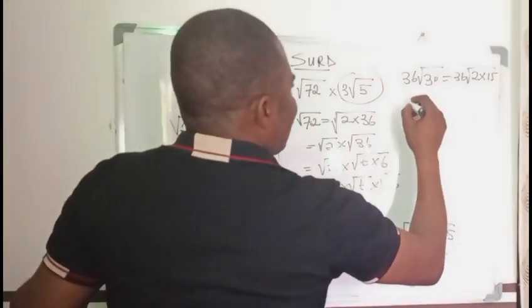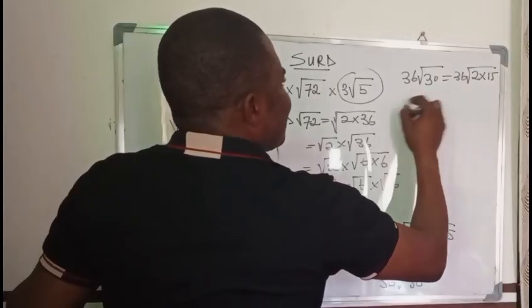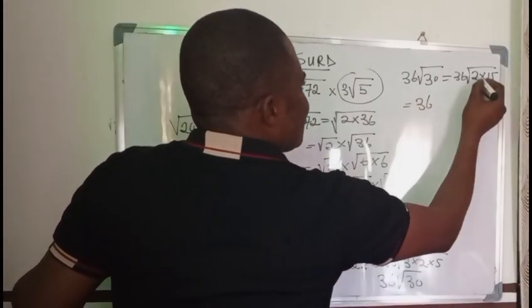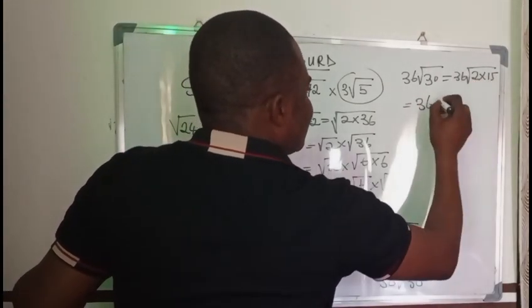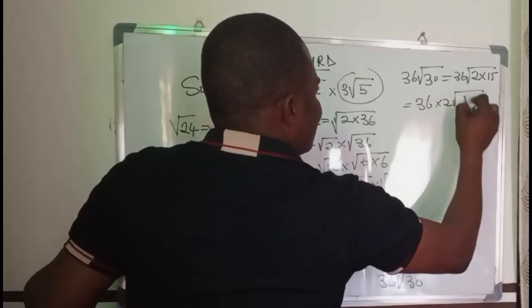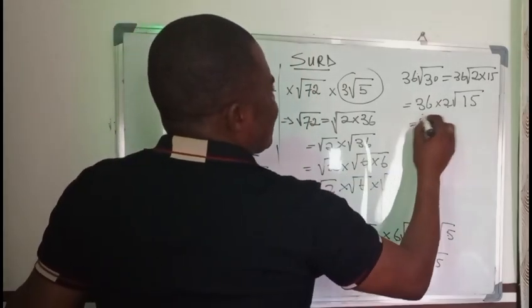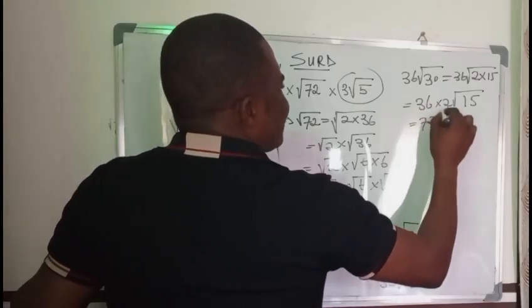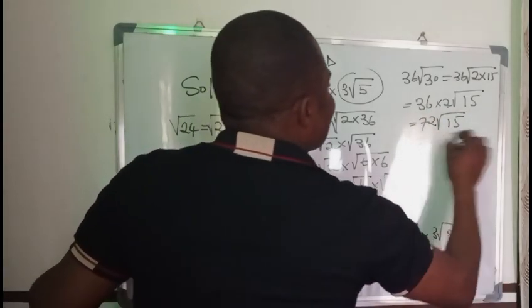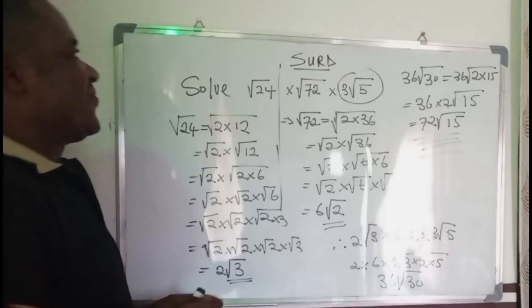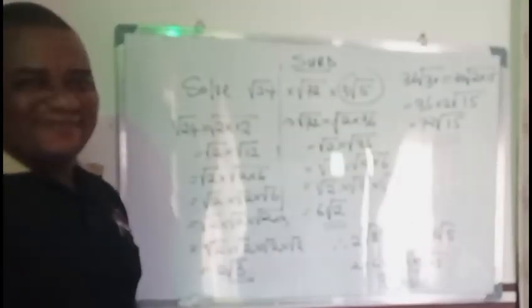So it means that we can possibly have 36 to this sword, to this 2, to the sword of 15. And 36 times 2 is 72 to the sword of 15. And this is the solution to this problem that we have here.